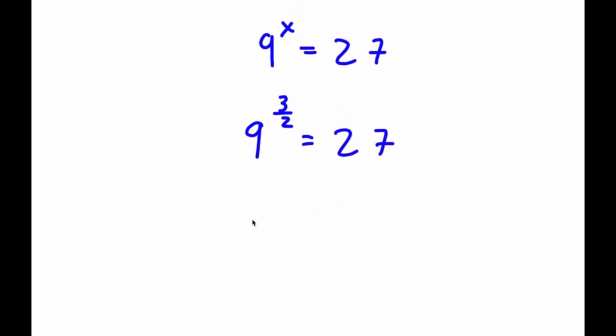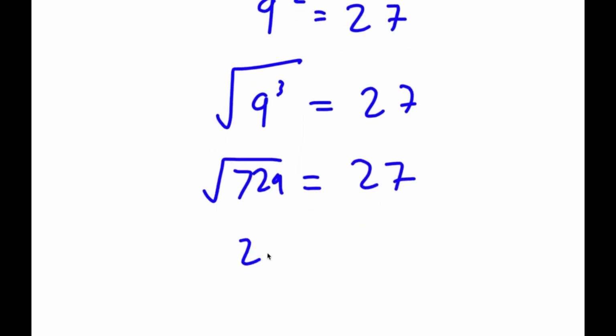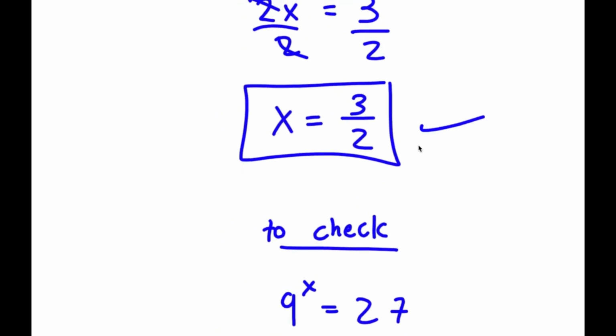Now 9 to the power of 3 over 2, this is the same thing as the square root of 9 to the power of 3. Now 9 to the power of 3, 9 times 9 is 81. 81 times 9, that's going to be 729. So I have the square root of 729, and square root of 729 is 27. So I have 27 is equal to 27. And because this is right, my solution is right.